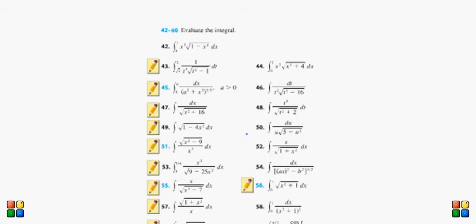But what I want you to notice is that, on the face of them, these integrals do not involve trig functions. I don't see any trig functions in these integrals from 42 through 58. But here's the idea. Here's what we're going to do to solve these. We're going to do a substitution to introduce a trig function into these integrals.